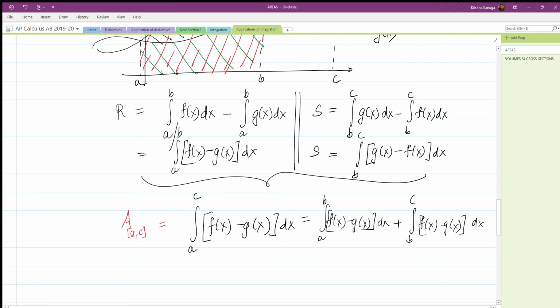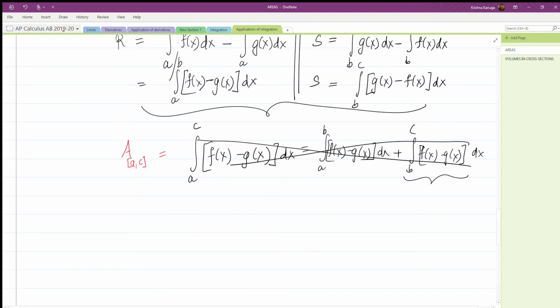But clearly this second part would be a negative number. So if we were to evaluate the area using this formula, we'd have the wrong area. This would be the incorrect way of doing this.